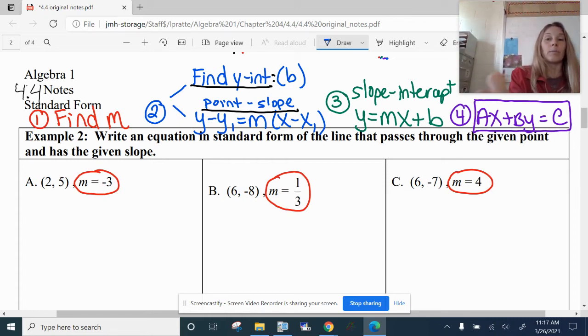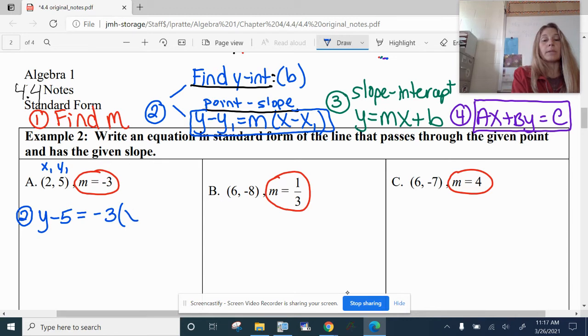So for example A, I'm going to use the point slope method here. So using this point as my x1 and my y1, and of course my slope is my m, I'm going to do y minus 5 equals -3 times x minus 2. So I've just completed step 2.